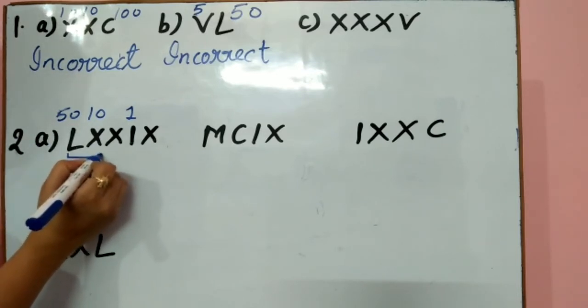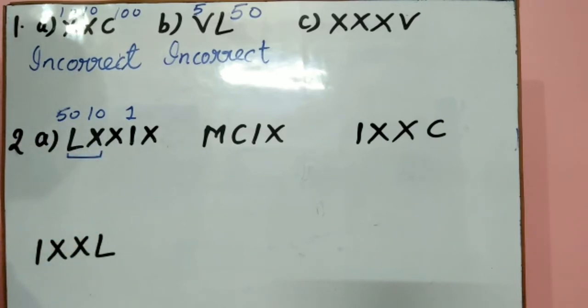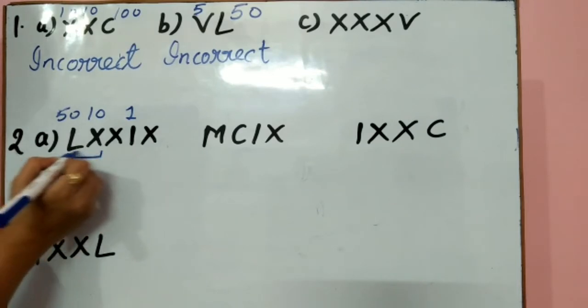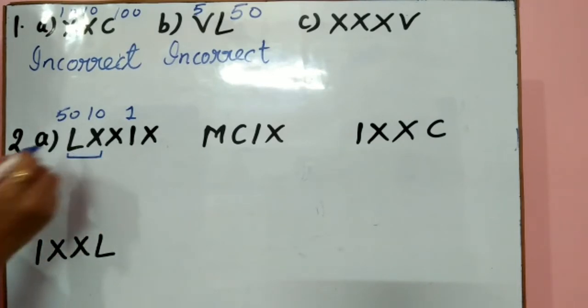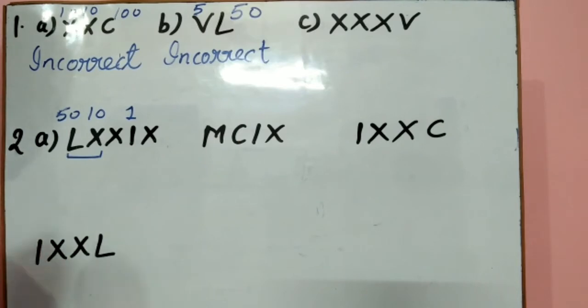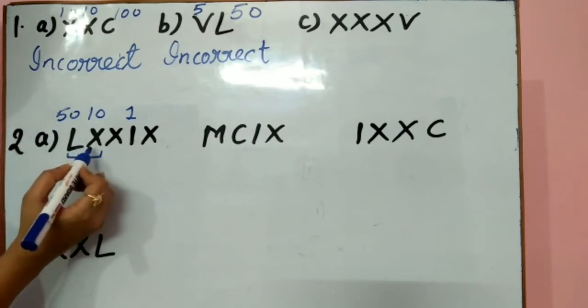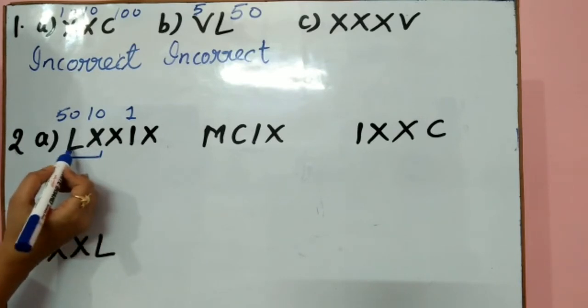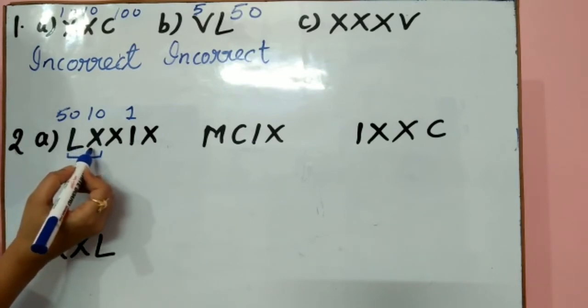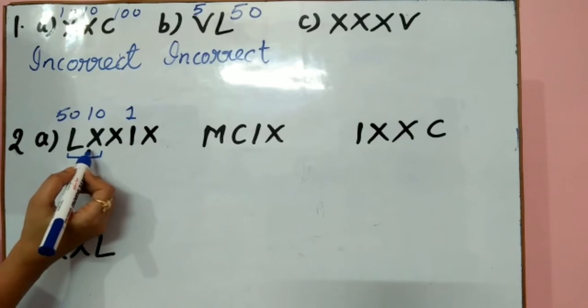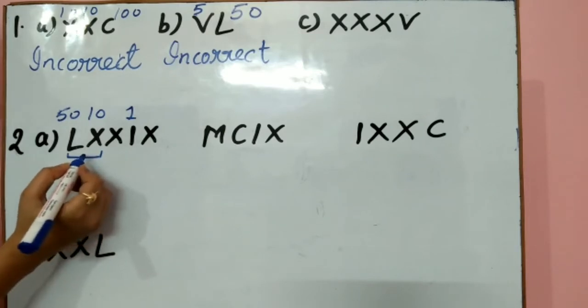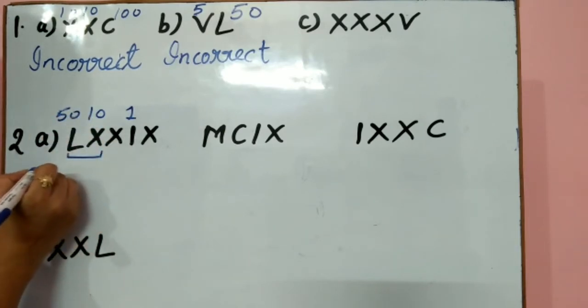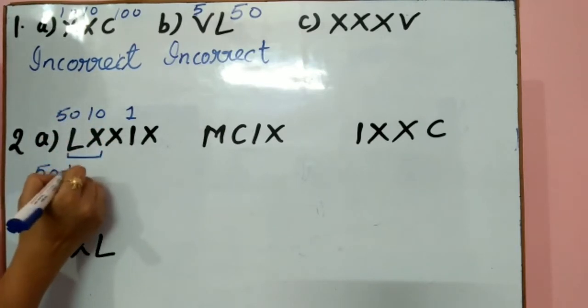First of all, we will take these two letters, L and X. Whenever a letter of smaller value is written to the right of a letter of greater value, then the values of both letters are added. That's why we will add 50 plus 10.